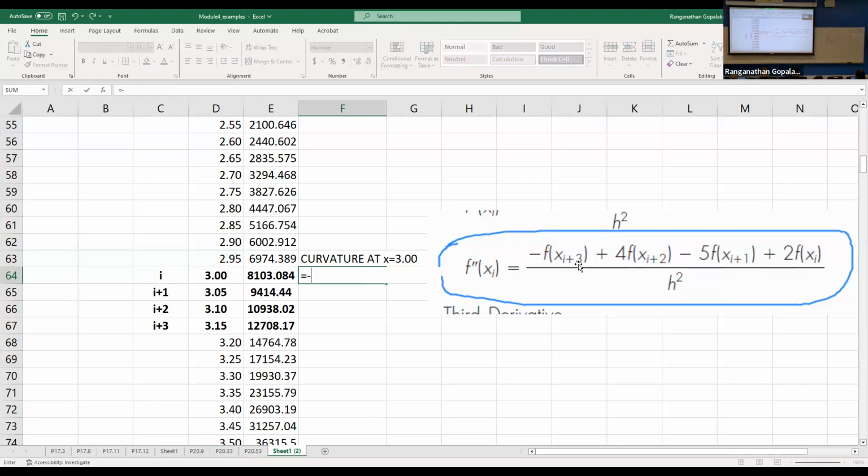So this is minus the value at I plus 3 plus 4 times the value at I plus 2 minus 5 times the value at I plus 1 plus 2 times the value at I, divided by h squared, h being 0.05 squared.